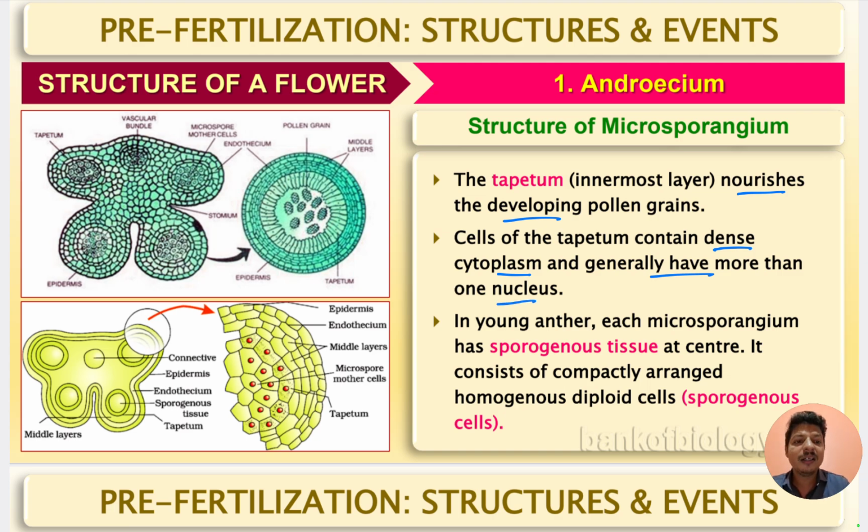In a young anther, each microsporangium has sporogenous tissue at the center. It consists of compactly arranged, tightly packed, homogeneous diploid cells, which will further grow into pollen grains.